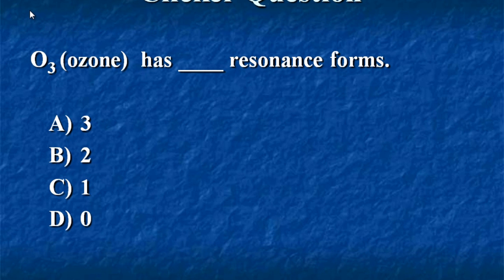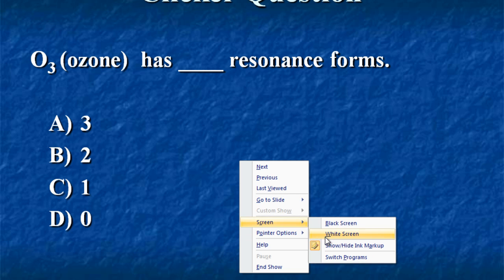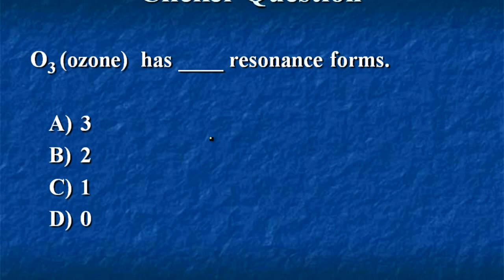Ozone, I need the pen back. Okay, so ozone, O3. So we have 3 O's, right? How many valence electrons do we have? 18, because oxygen is group 6, and there are 3 oxygens.